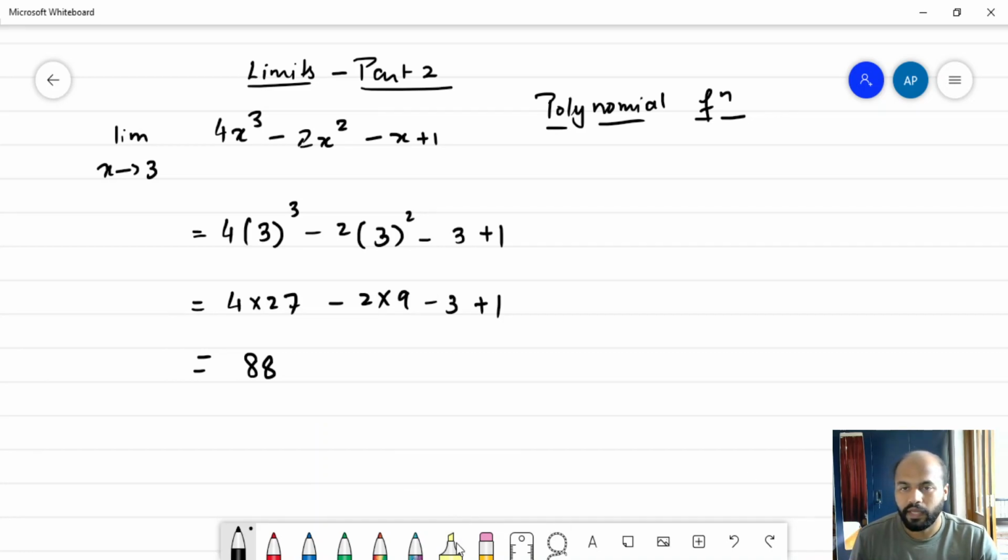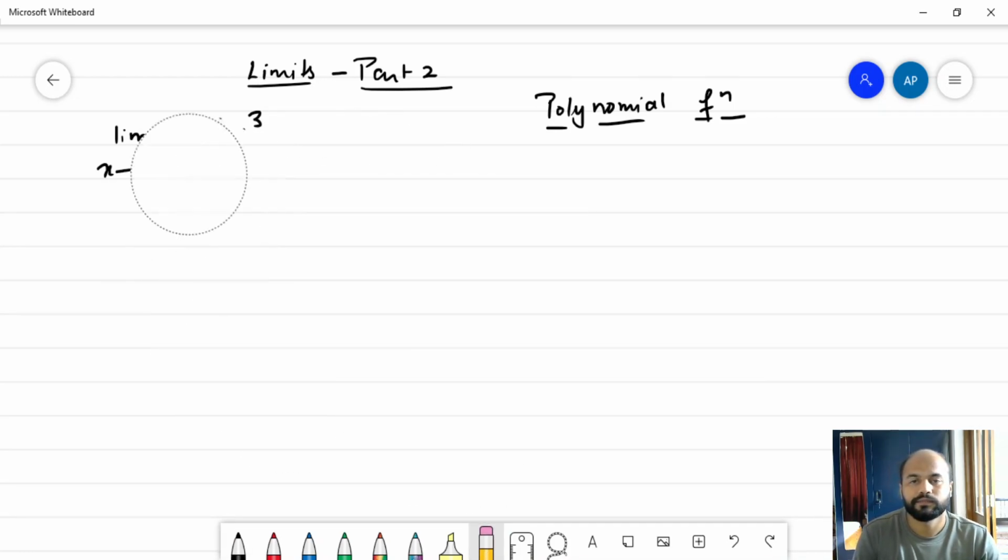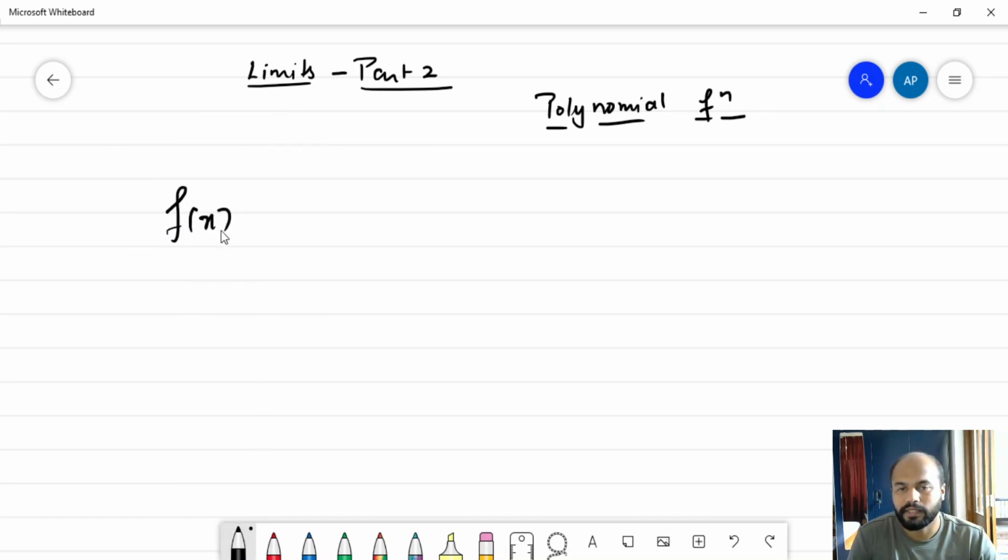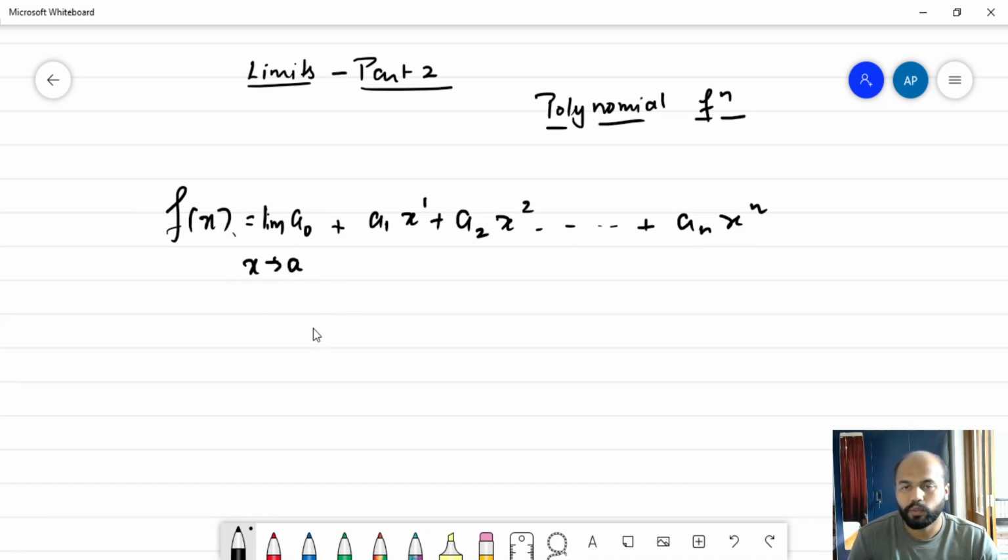So basically, any kind of polynomial function, let us generalize this. Let's say we have a polynomial function a0 plus a1 x raised to 1 plus a2 x raised to 2, and so on, plus an x raised to n. If we apply the limit x tending to a over here, then all we have to do is apply the limit to all of them. Now a0, being a constant, remains the same because there is no x term.